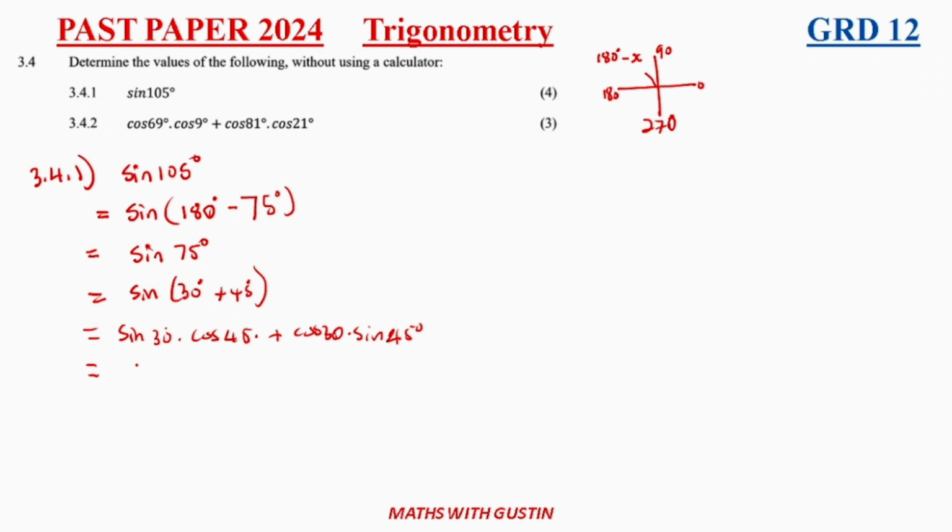Sine 30 is half, cos 45 is 1 over square root of 2, apologies for that, therefore plus cos 30 is square root of 3 over 2, and therefore sine 45 is 1 over square root of 2.